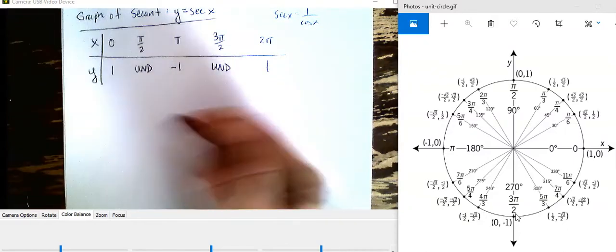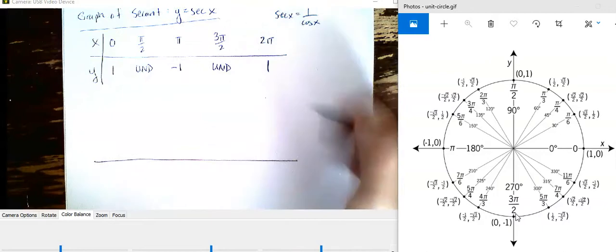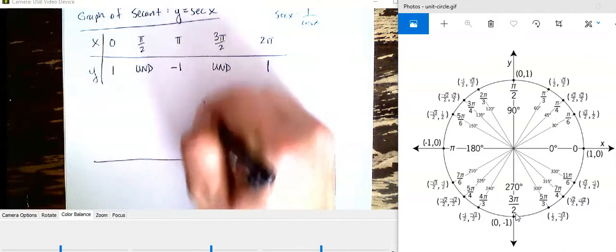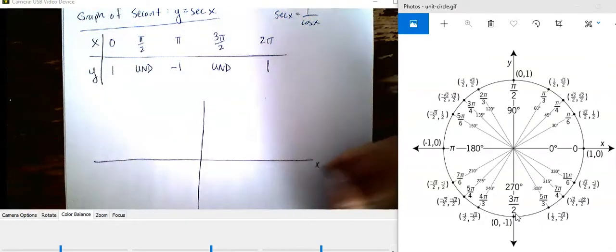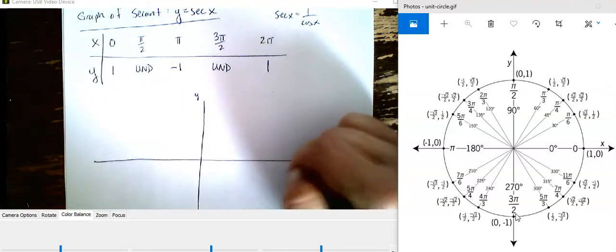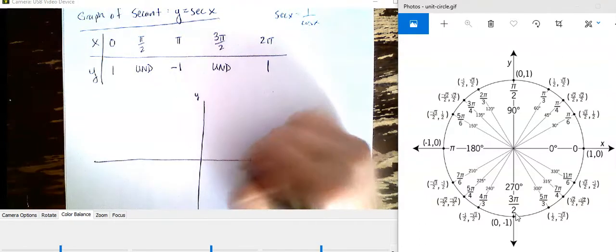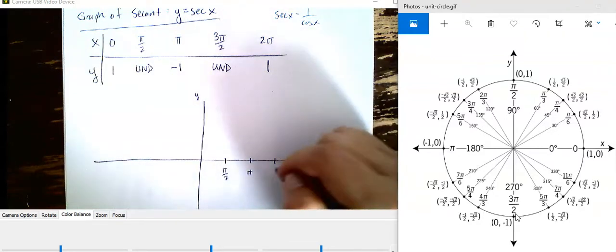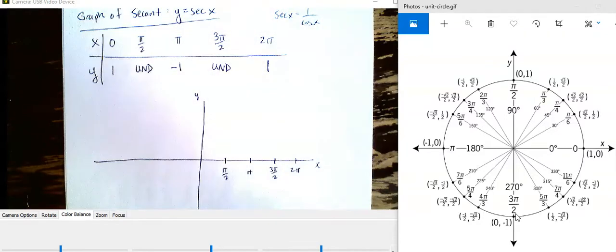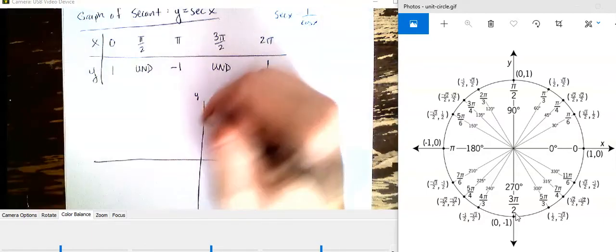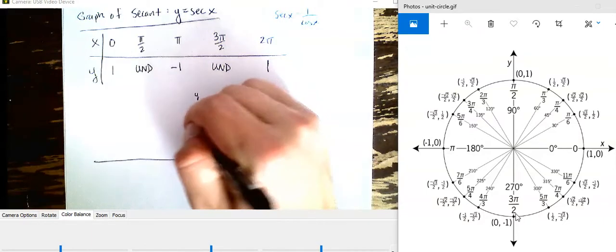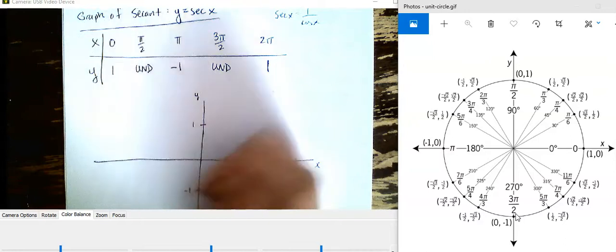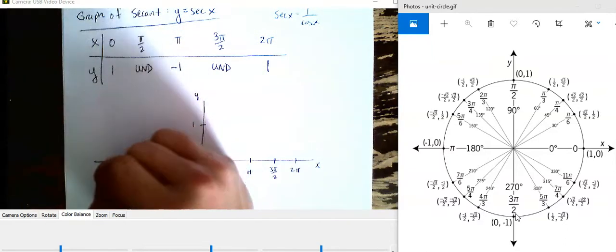So let's look. X and y, 2 pi, pi over 2, 3 pi over 2. And 1. Let's do our negative side as well.